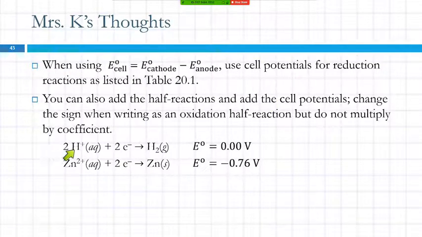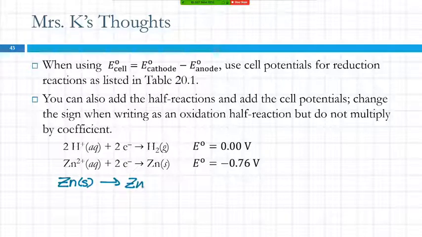If I'm going to write one of these reactions opposite, if I'm going to reverse the direction, make it an oxidation, then I'm going to change the sign on E. So for this zinc reaction, the zinc was actually losing electrons, and so it was going like this, right?